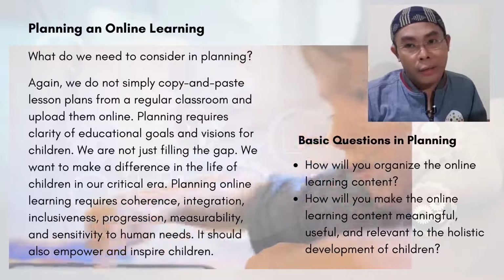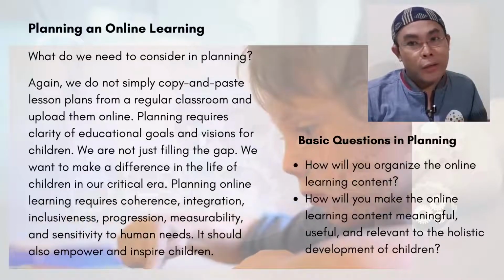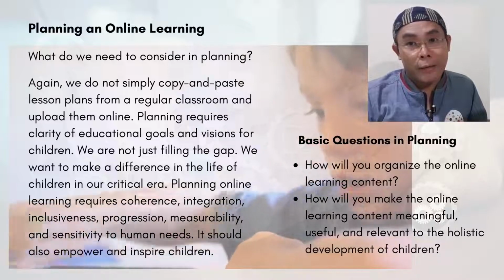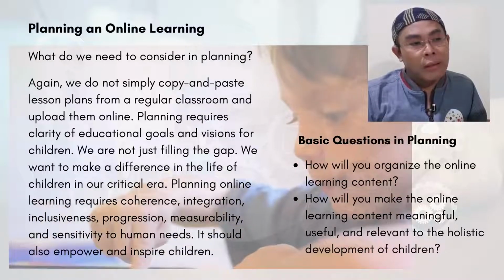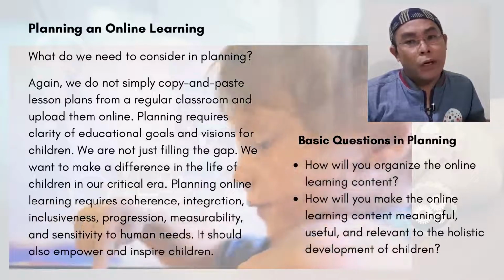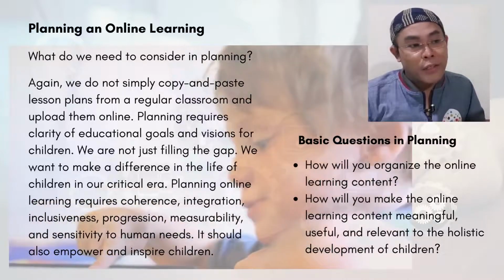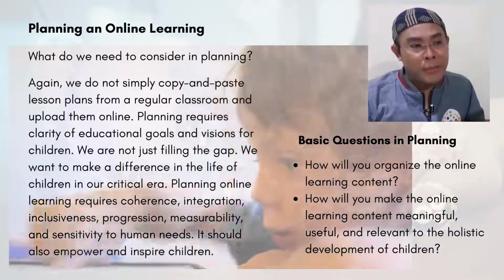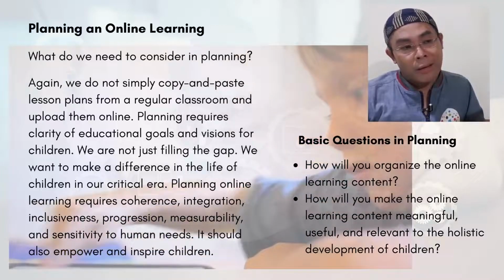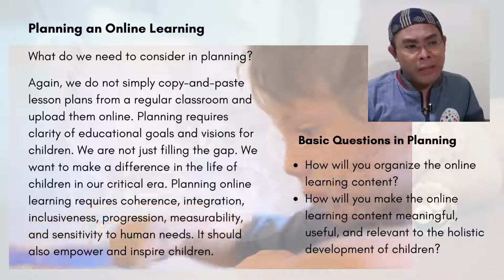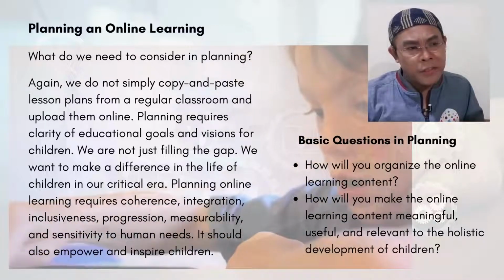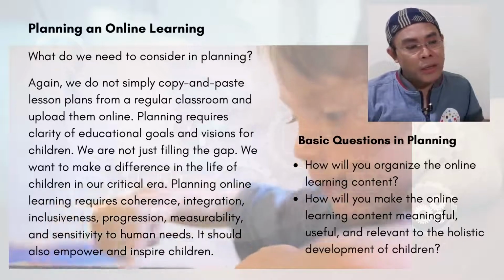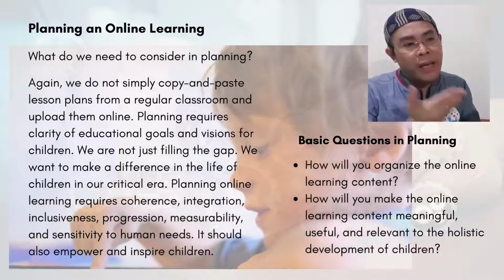Planning an online learning for children. So what do we need to consider in planning an online learning for children? Again, we do not simply copy and paste lesson plans from a regular classroom and upload them online. Planning requires clarity of educational goals and visions for children. We are not just filling the gap.